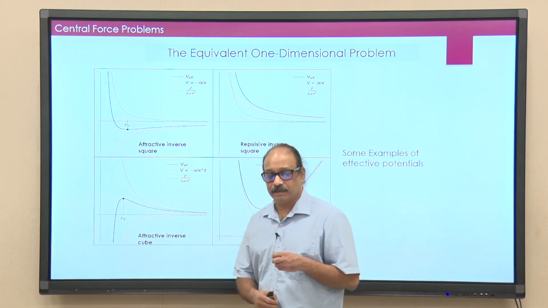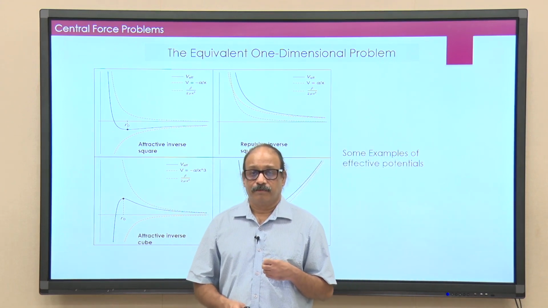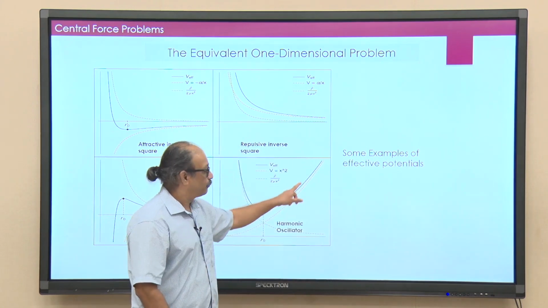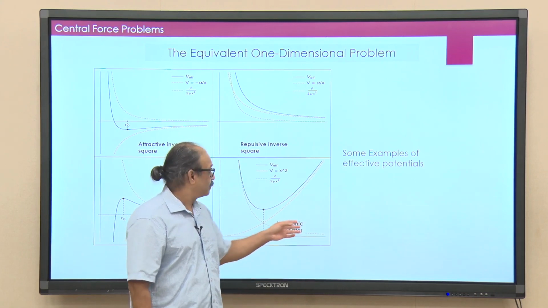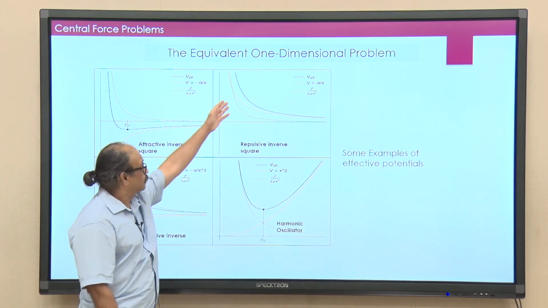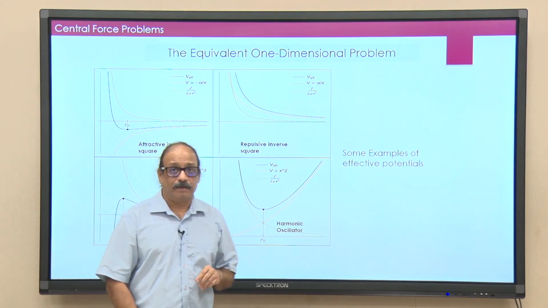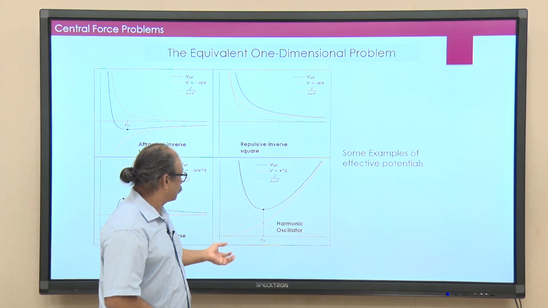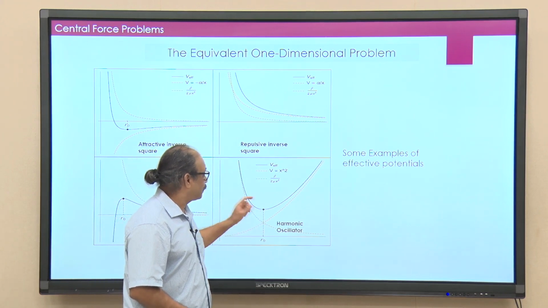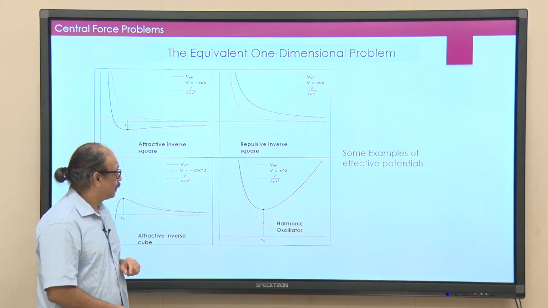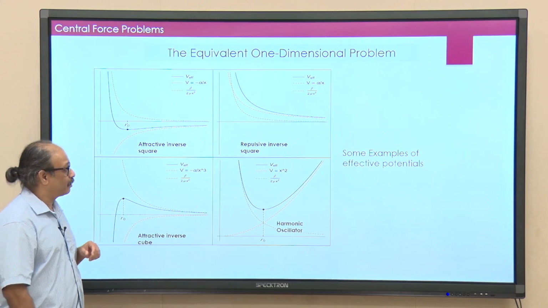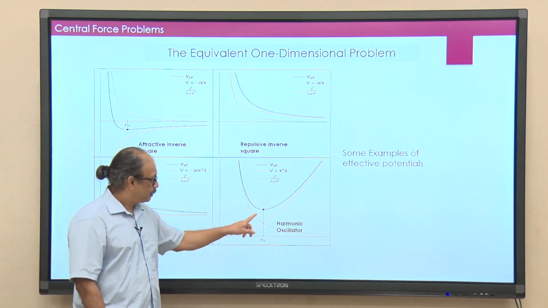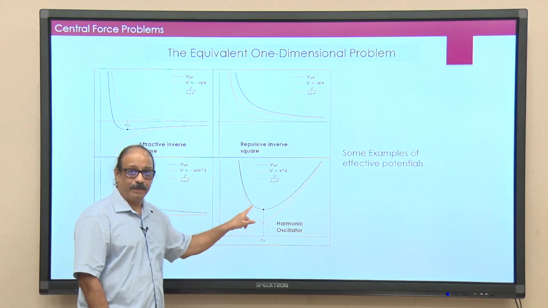I have of course taken examples where the potentials for the central forces are monotonic, either they are increasing or they are decreasing here. Okay. Of course, this is not necessarily the only form of potential, they could be more complex, but all that I really need to worry about, when I want to describe orbits, is the crucial question: do I have a minimum?